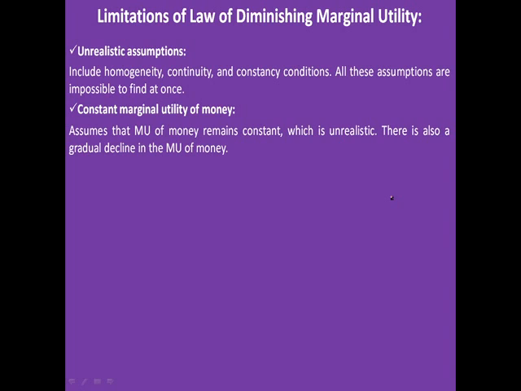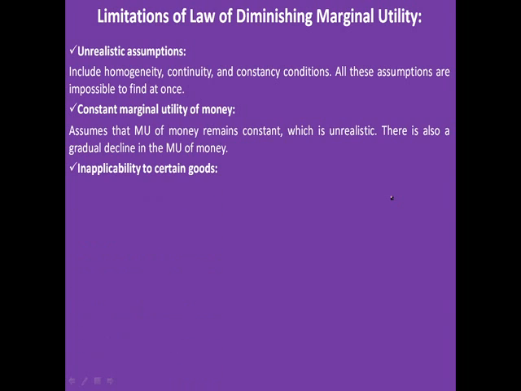It assumes that the marginal utility of money remains constant, which is unrealistic. There is also a gradual decline in the marginal utility of money in real life situations, when your level of income increases. So we cannot stand on that assumption of constant marginal utility of money.